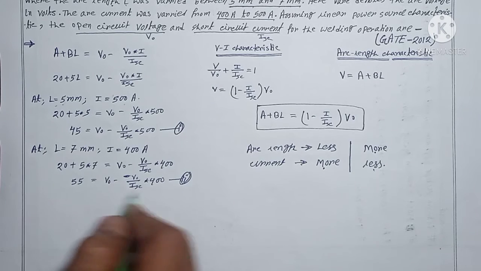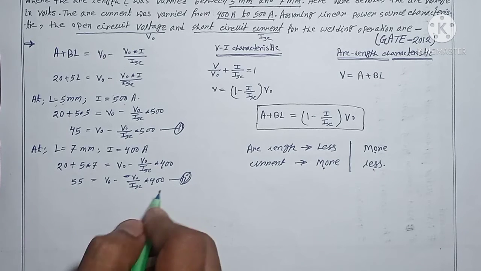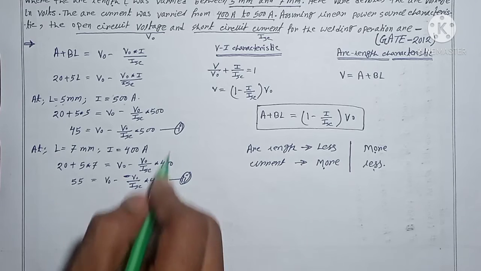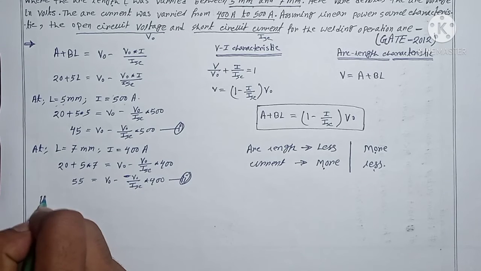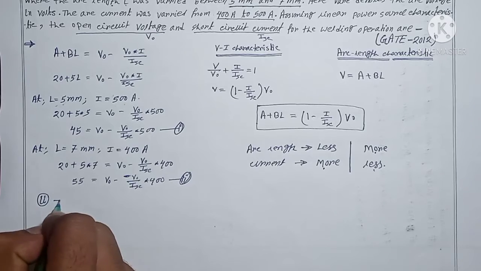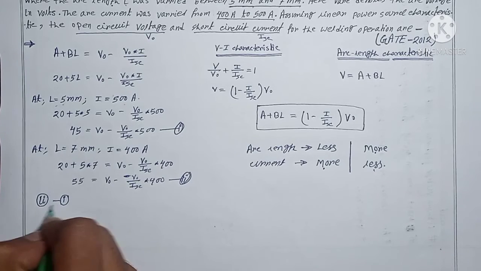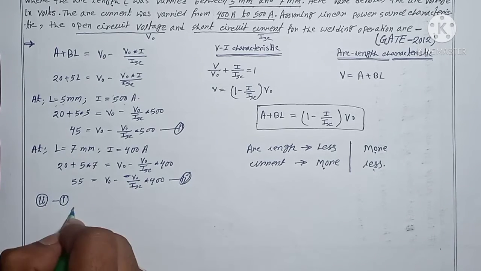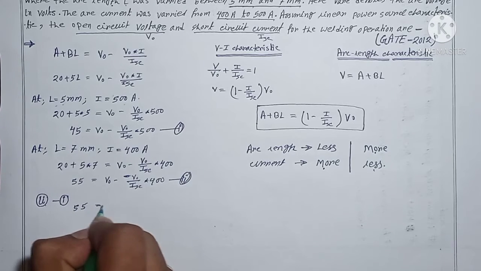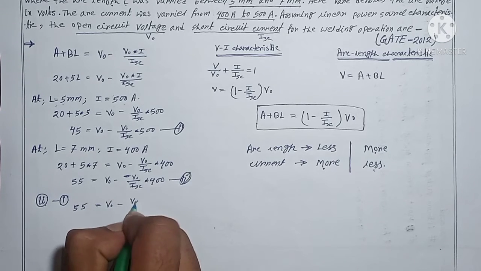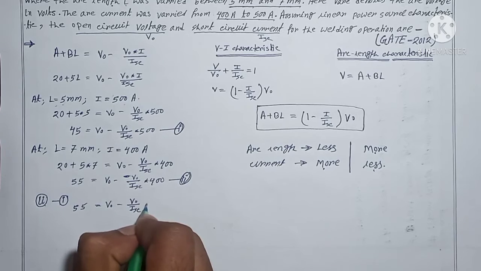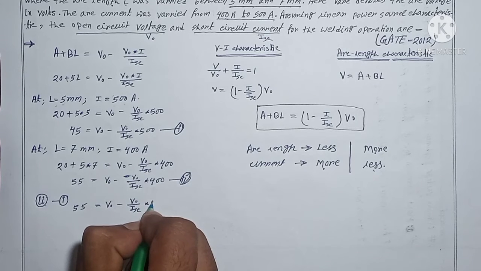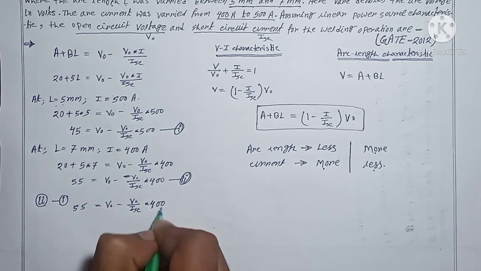So to solve this question, let's subtract equation 1 from equation 2. Then what will we get? 55 is equal to V naught minus V naught by ISC into 400.